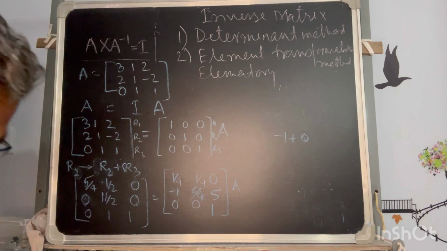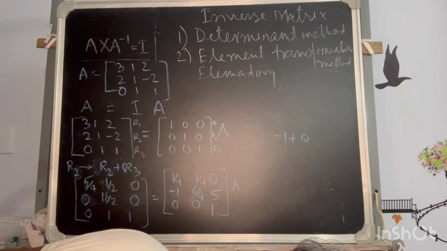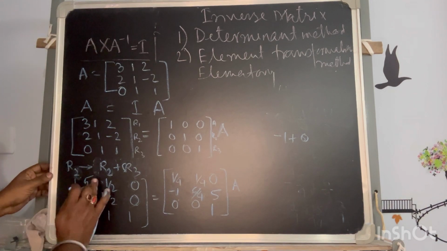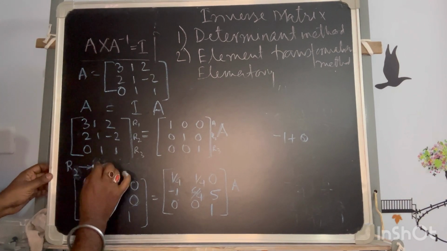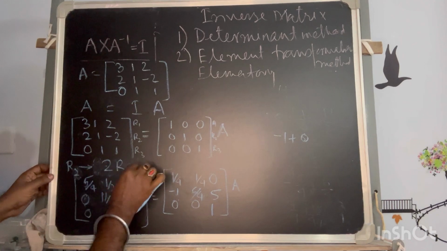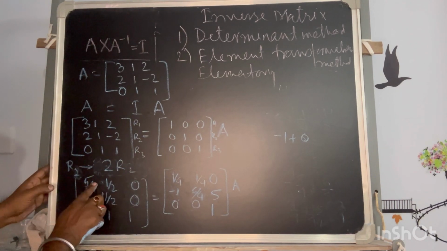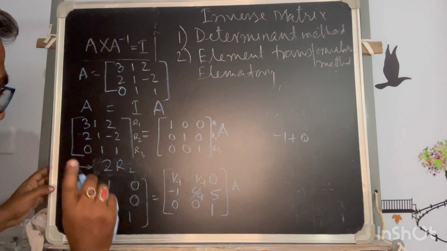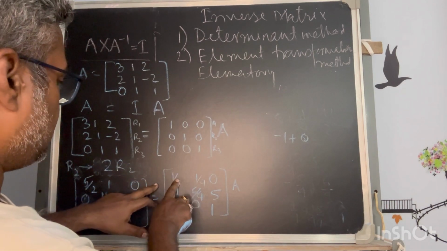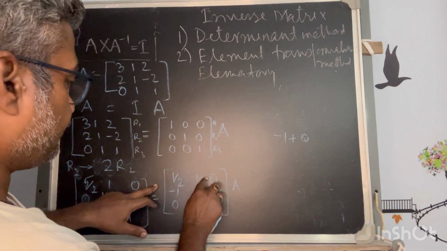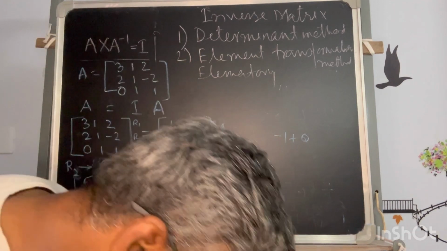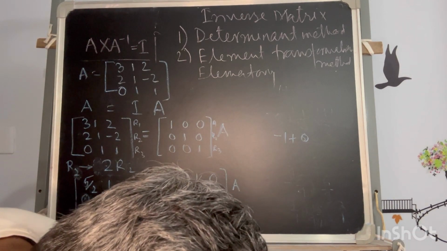Okay, so the next operation is I am multiplying R2 with 2. So R2 becomes 2R2. If I do it, this will become 5 by 2, this will become 1 and this is 0. The same thing I will do here, 2, 2 and 0. Okay, my next step is R1.